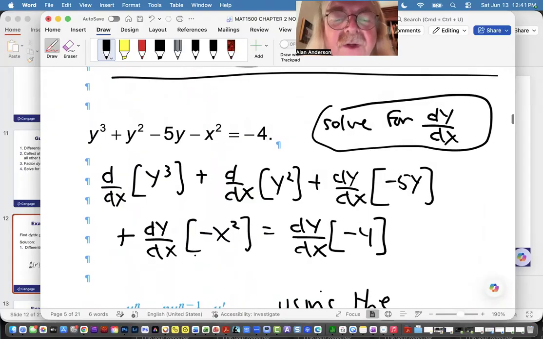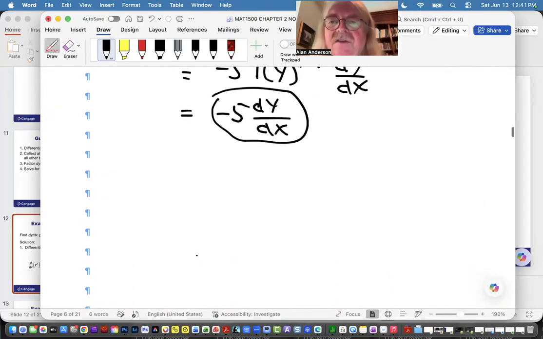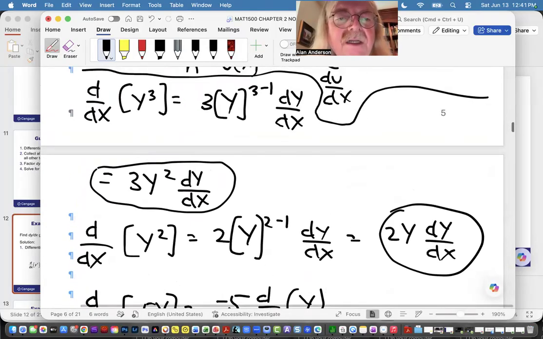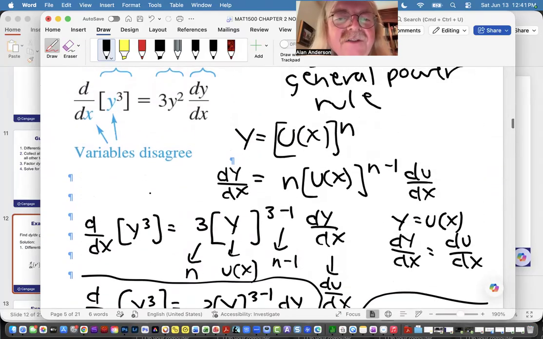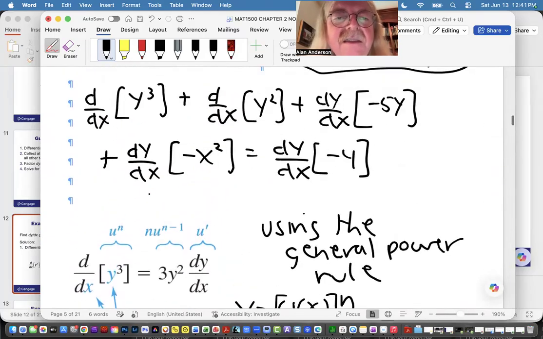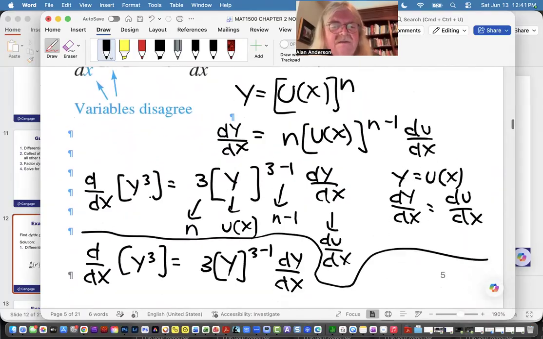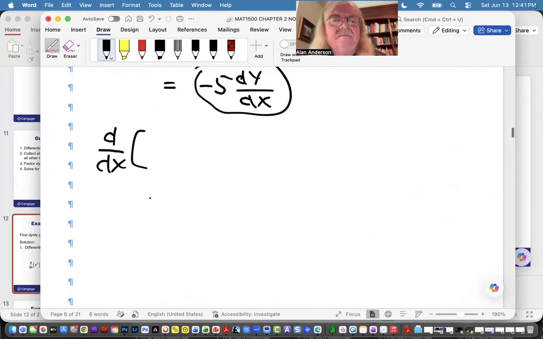Oh, negative x squared. Now, negative x squared is a function of x only. So we can just use our normal rules, the ones we're used to. That'll be a nice change. Negative x squared. So we can factor out that negative if you want.